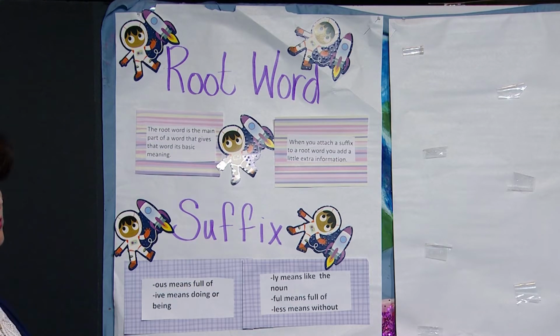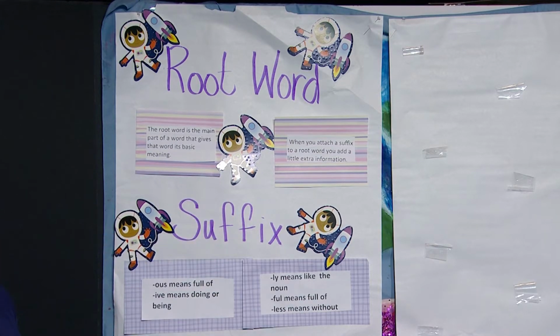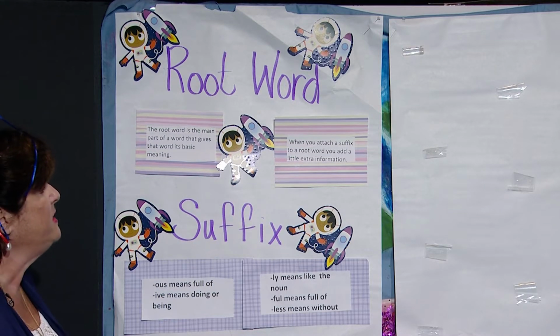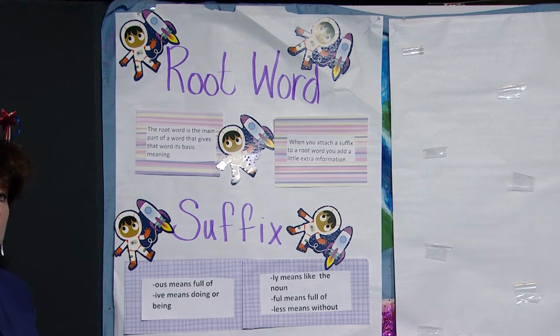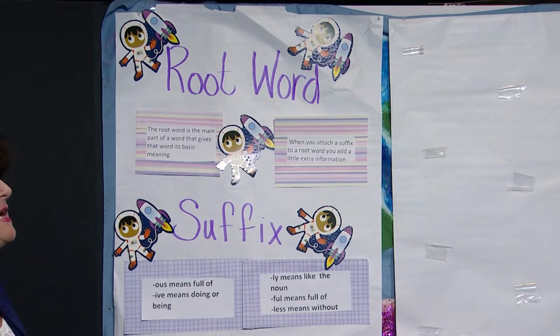The root word gives the word its major meaning, what it mainly means. But when you attach a suffix to a root word, you add a little more information about the word. Sometimes it changes the word into an adjective, and sometimes it changes the word into an adverb, and we'll talk about that in a moment.